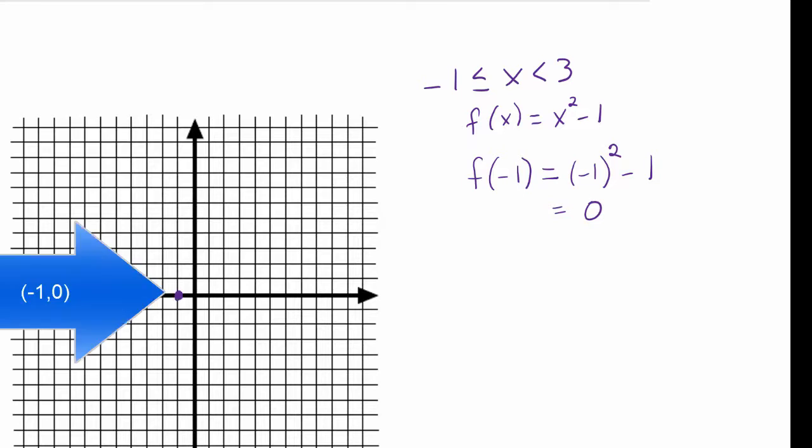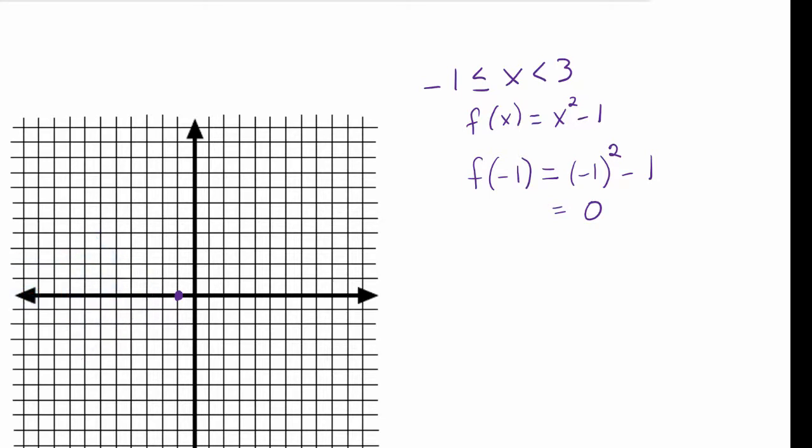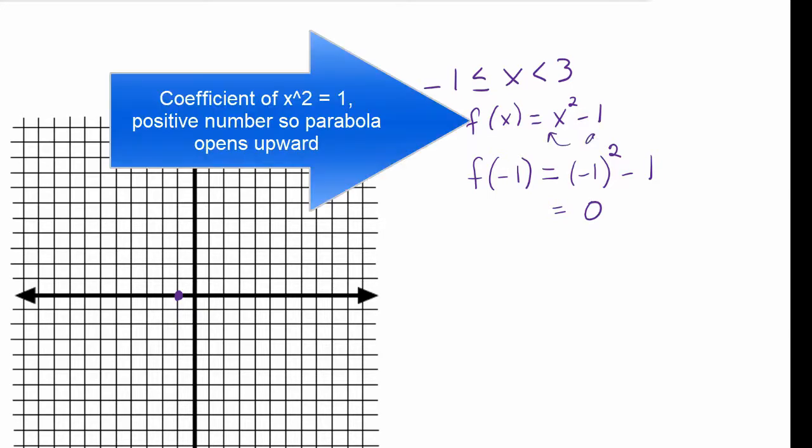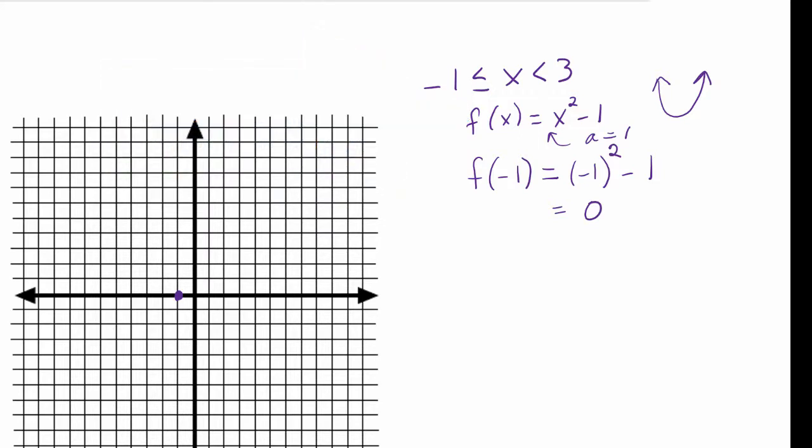So I'm going to put a closed dot there. Now this parabola, because the coefficient of the x squared is a positive 1, that's understood, then this parabola is an upward opening parabola. Okay? And its vertex is going to be at 0, negative 1.